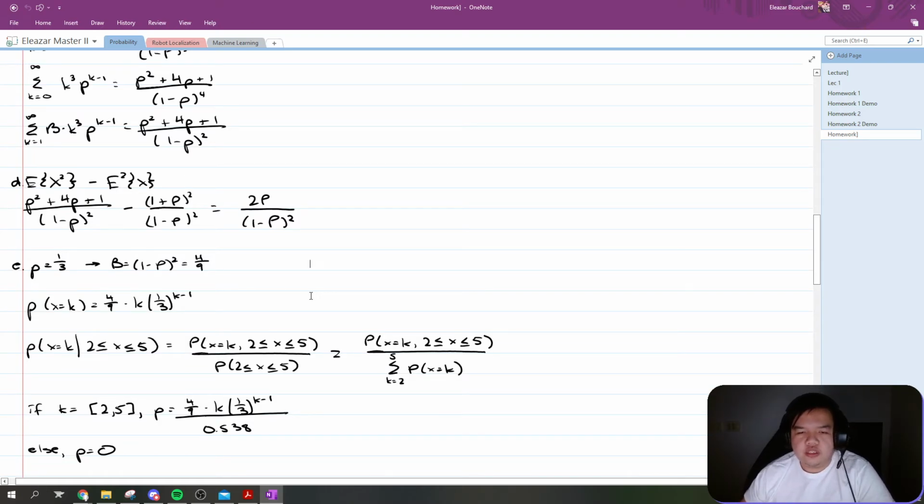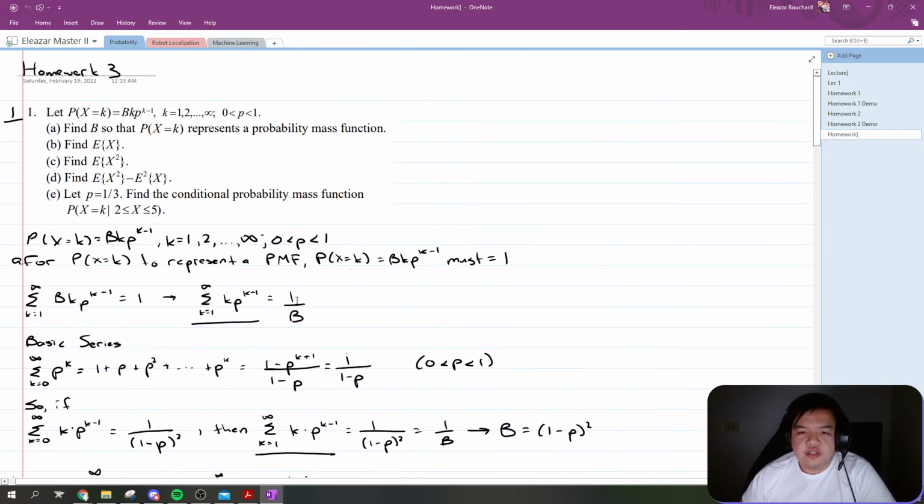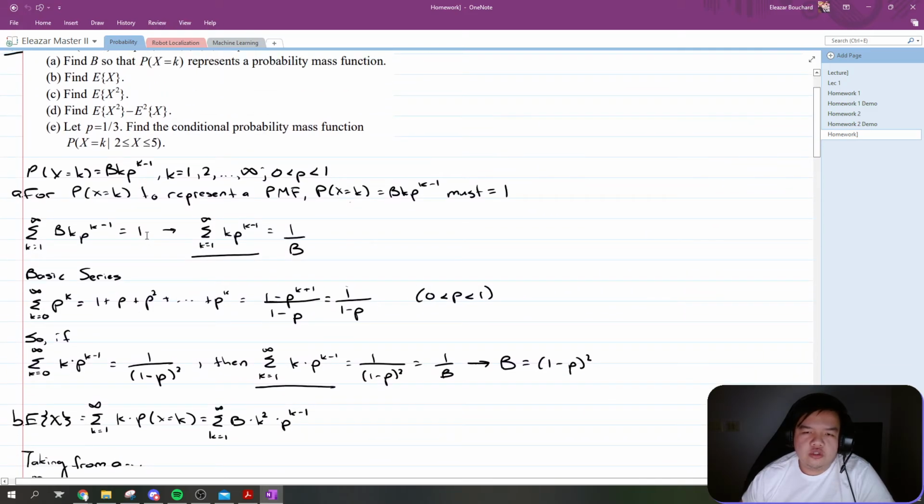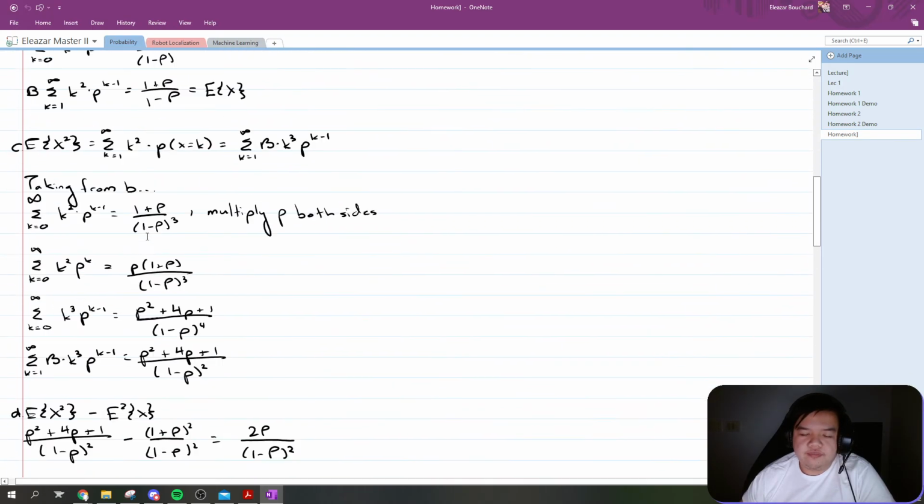For part e, it says let p equal 1/3 and find a conditional probability mass function of x, given that 2 is less than or equal to x, and x is less than or equal to 5.